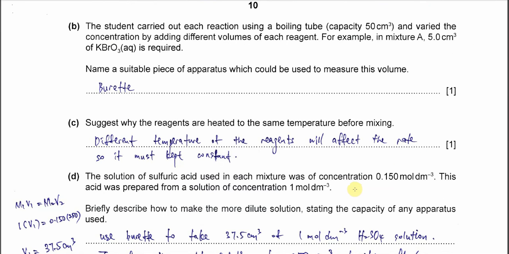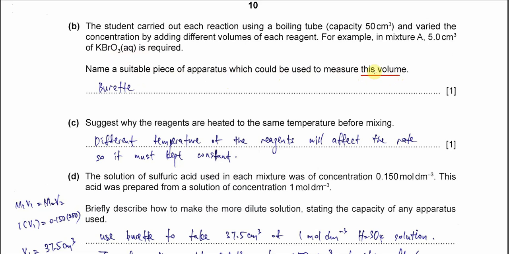Part B, the student carries out each reaction using a boiling tube, which has a capacity of 50 cm3, and varies the concentration by adding different volumes of each reagent. For example, in mixture A, 5 cm3 of this KBrO3 is required. Name a suitable piece of apparatus which could be used to measure this volume.